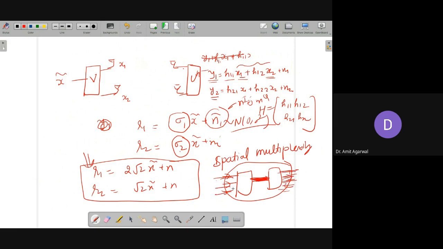They do not intermix with each other. A similar concept is happening here. You are transmitting an x tilde vector, which is x1 tilde, x2 tilde. So there are two parallel streams of wireless channels.